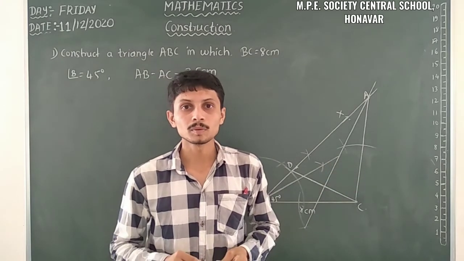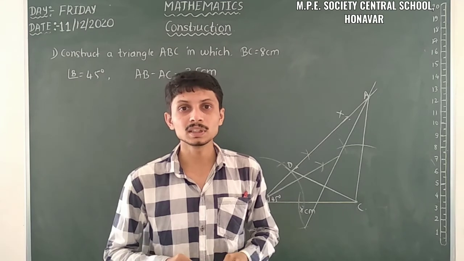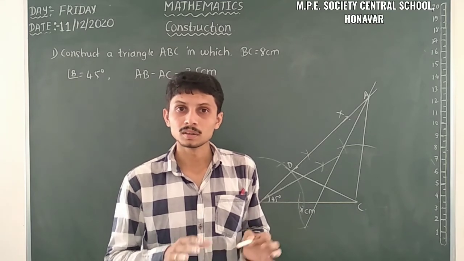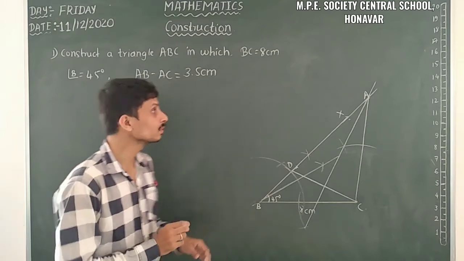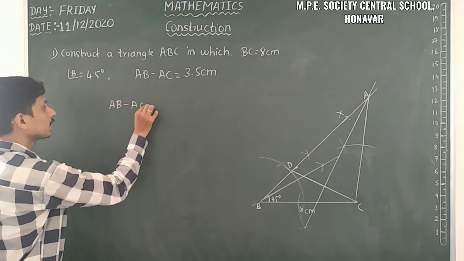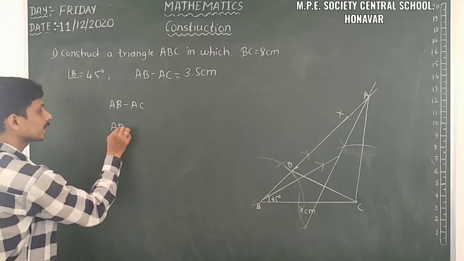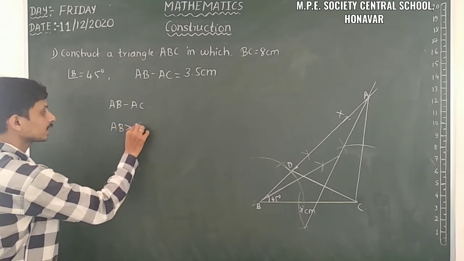So this is the procedure to construct a given triangle ABC using base, base angle and difference of other two sides, only when AB minus AC we have. AB minus AC, that means AB is greater than AC.